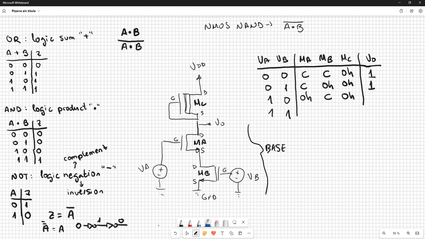Now we have that this transistor is cut. So again the base is cut because the branch is broken. So we have exactly the same case. The supply voltage can use the channel of the depletion MOSFET to reach the output. So we have a 1.